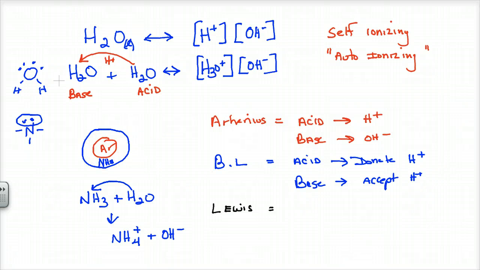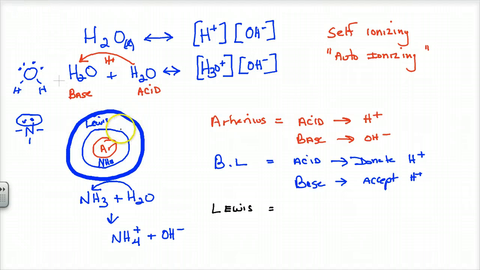But in any case, ammonia is an example of a compound that doesn't fit the Arrhenius definition. Now Lewis was an even more encompassing definition that included compounds that Arrhenius and Bronsted-Lowry did not. So the Lewis definition included compounds that were acidic, but that weren't donating or accepting protons. And I'll give you an example in a second, but let's just write down its definition.